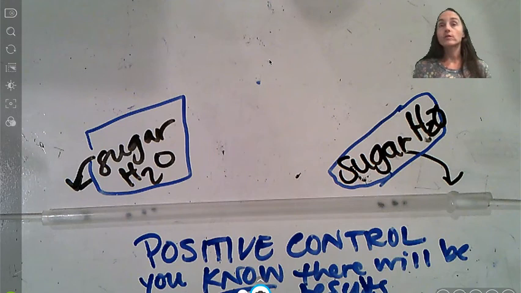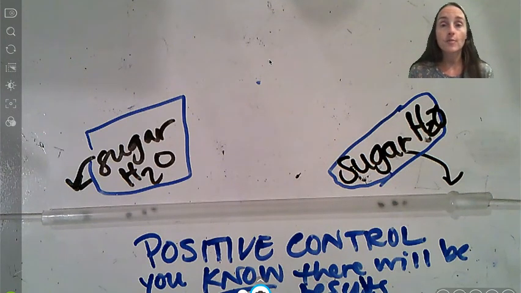Otherwise, you could run your whole entire experiment and attribute the flies' movement to their attraction to one of your substances, not knowing the whole entire time the problem is the fruit flies aren't going to move at all because they just are too cold or they don't like their environment. And so you should run a positive control where you are actually testing to make sure the equipment works.